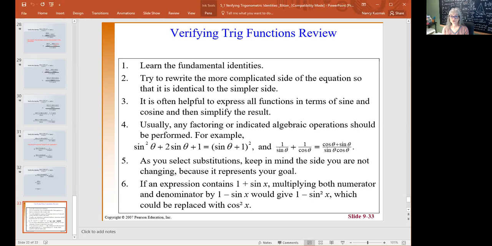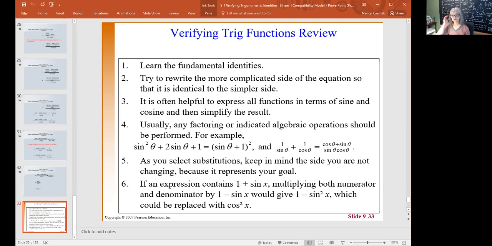You want to keep your terms simple. You want to know some factoring, right? You want to keep your substitutions reaching towards your goal. So if you're trying to get to tangent, I'm not so sure I would substitute cosine with 1 over the secant, because that's not going to get me to something simpler.